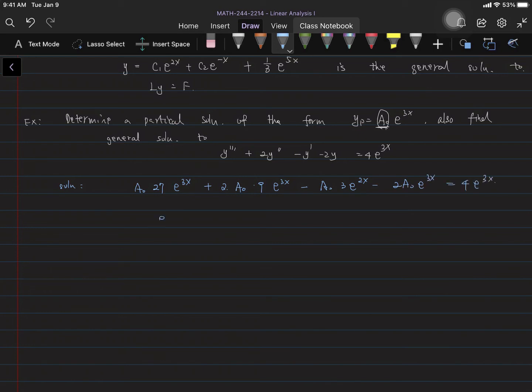If we factor e to the 3x out, we get 27 a naught plus 18 a naught minus 3 a naught minus 2 a naught, and equals 4 e to the 3x.